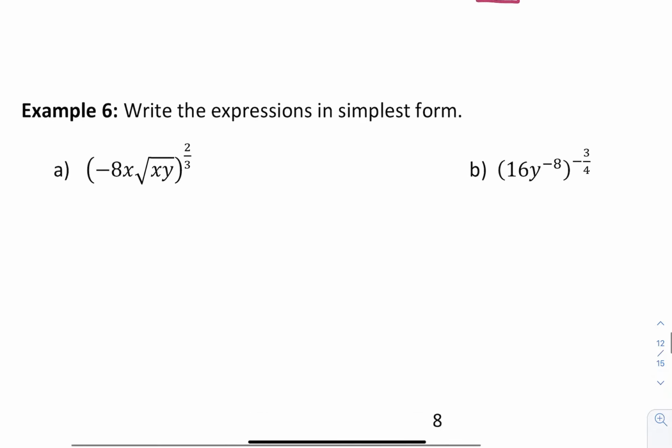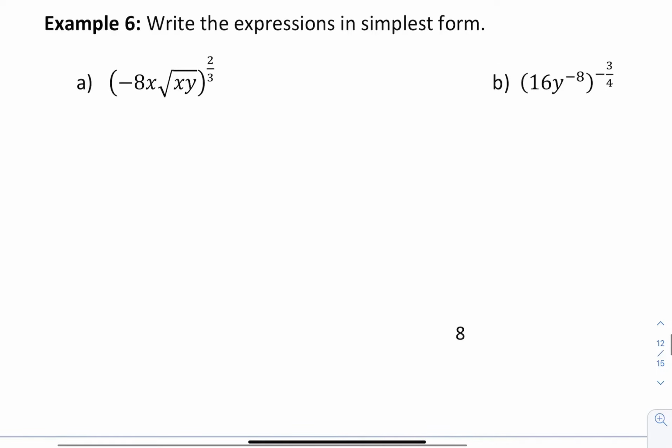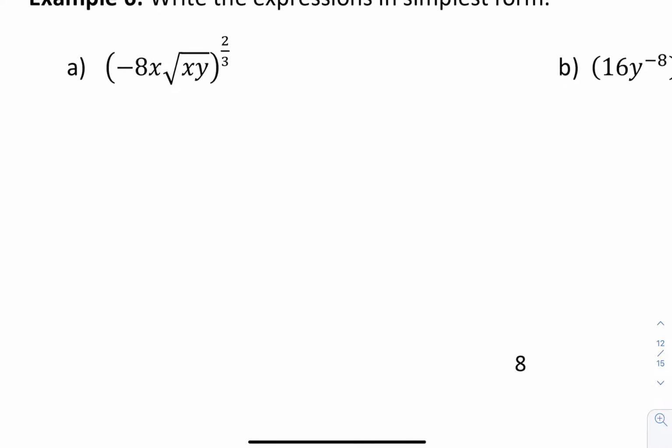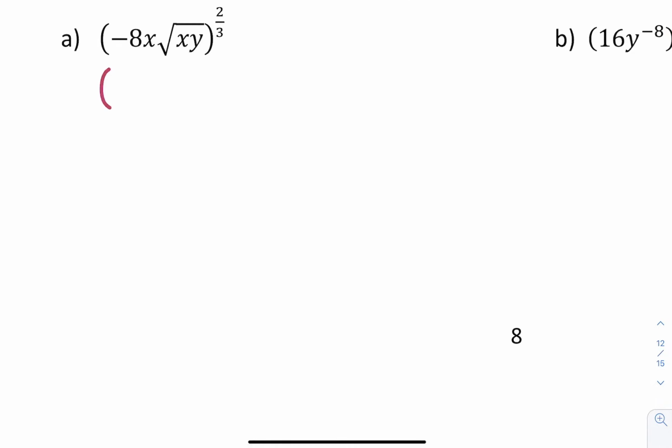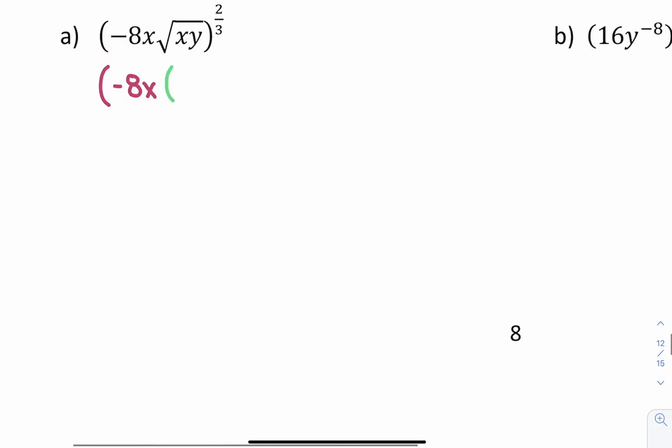So last up, we're going to try to simplify things, and these can look really overwhelming at first. So I have a mix right here of radicals and rational exponents. In my opinion, it's usually a little bit easier to work with the fractions first. So I'm going to change everything so they have fractional or rational exponents. So I'm going to rewrite this as negative 8x, and I'm going to write this radical as xy to the 1/2, and the whole thing still raised to the 2/3.